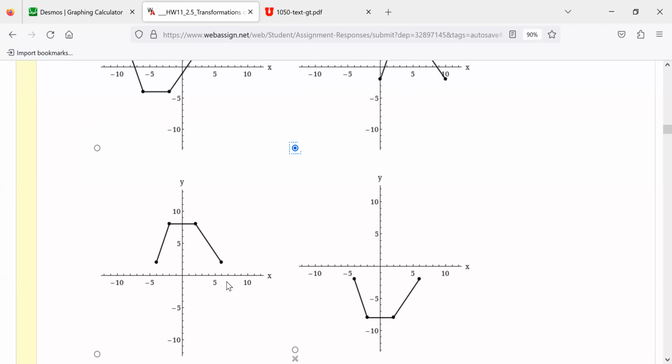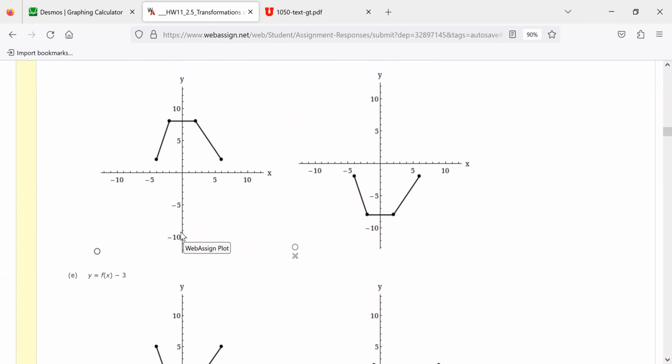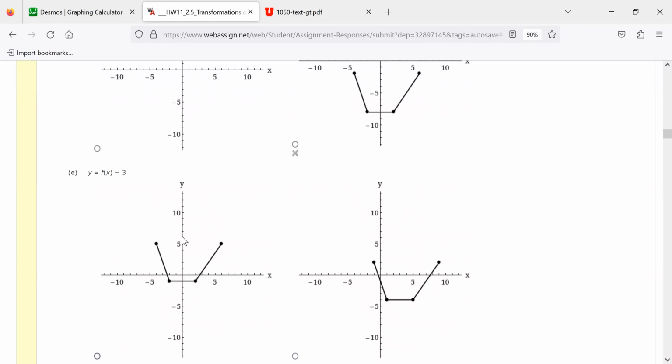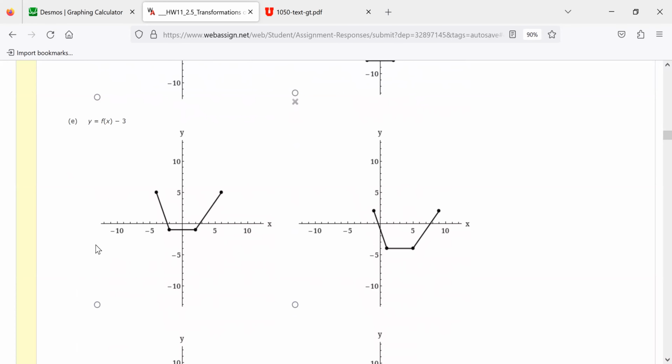Yeah, C is moved upward. What about E? Yeah, down 3.